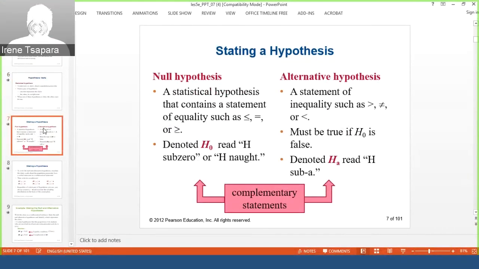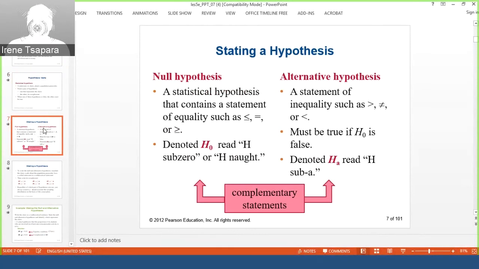The one thing that you need to remember is that the claim can be either the null hypothesis or the alternative hypothesis. If the claim includes an equality symbol in any form, less or equal, greater or equal, then the claim will become the null hypothesis.